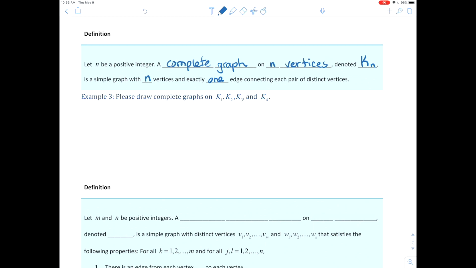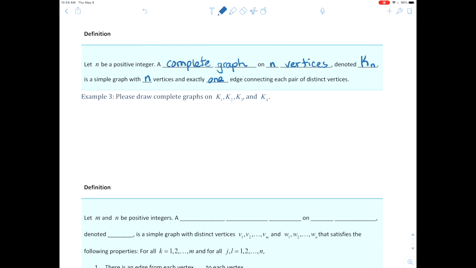So when you have a situation like this, K1, n is 1, so how many vertices? 1 vertex.